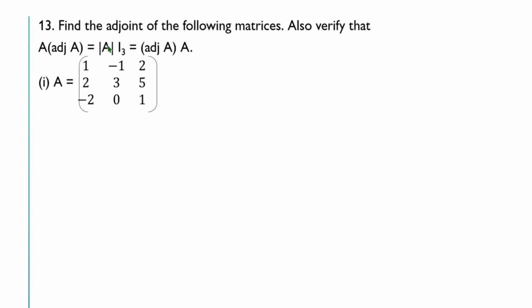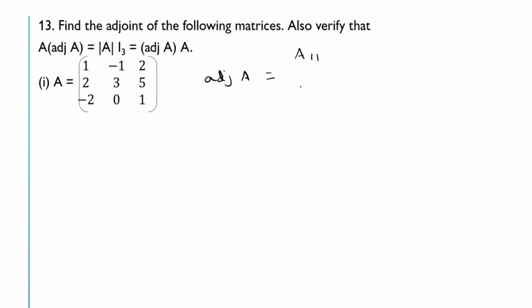Next question, find the adjoint of the following matrices. Also verify that A into adjoint of A equals determinant of A into I3 equals adjoint of A into A. So first we will find adjoint of A. We have to find the adjoint of a 3 by 3 matrix using the cofactors of each of the elements.